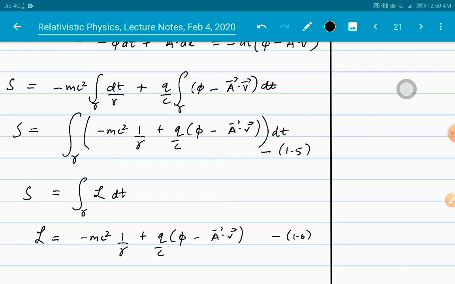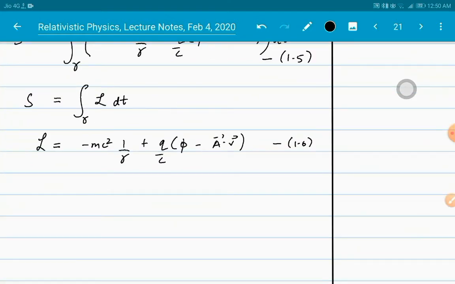Now once you have the Lagrangian, you can use the standard machinery of Euler-Lagrange to calculate various quantities. So one of those quantities is the canonical momentum or the generalized momentum. So P, or if you want to be even more careful, let's say Pi, the ith component of the 3 momentum.